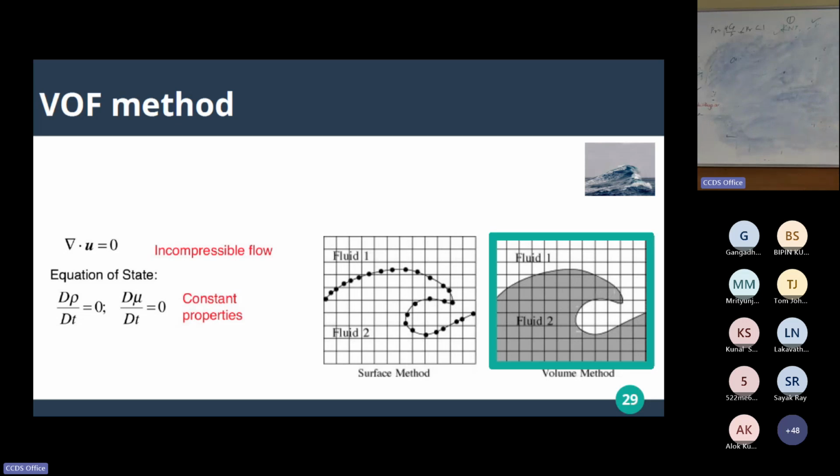Instead of just worrying about the interface, what you are doing is, I really do not have any markers or interface kind of thing. Everywhere, some liquid domain I will have. White kind of liquids, gray kind of liquids. Whenever I need to apply an interfacial property like surface tension, I don't apply it at that point.